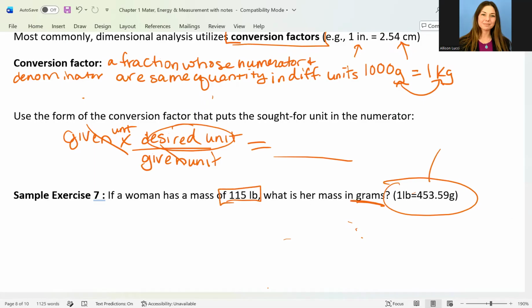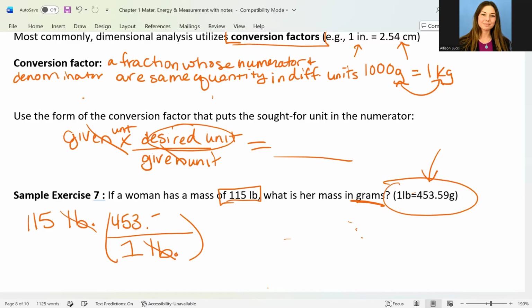So we can use this conversion factor here, and we can say we're given this unit, 115 pounds, and then we're going to set up this conversion factor where for every 1 pound that we cancel out here, we're going to multiply by 453.59 grams. And that will give us, after we round, let's see here, so we're given 3 sig figs here.